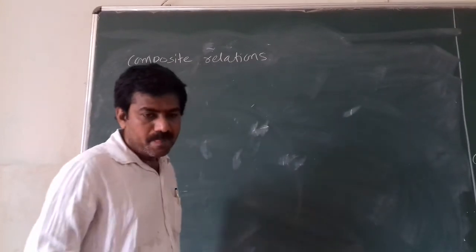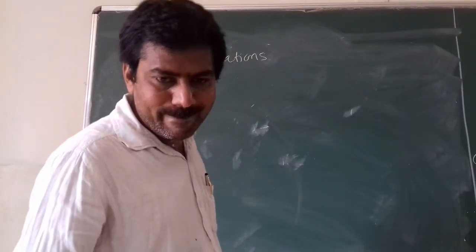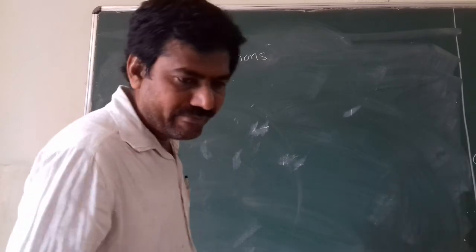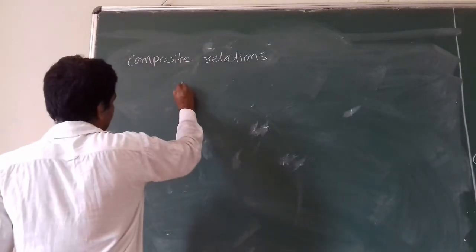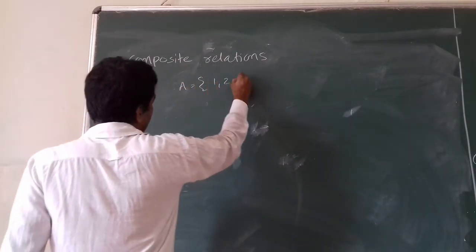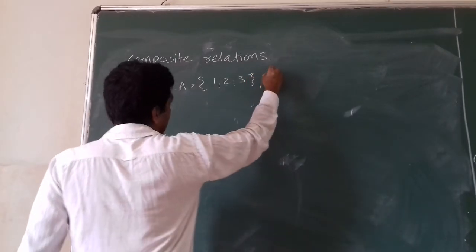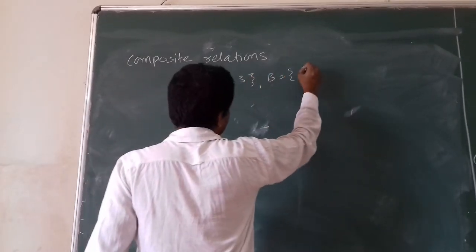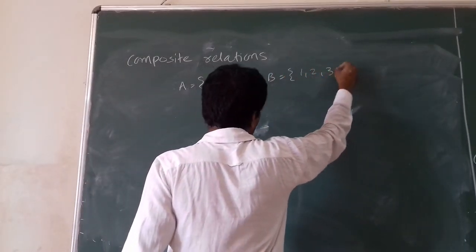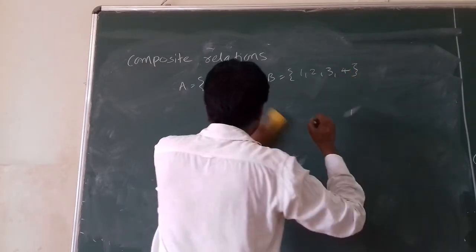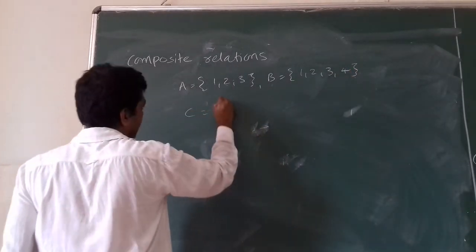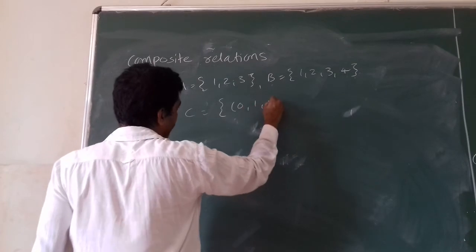Now, a simple example. A is the set {1, 2, 3}. Another set B is {1, 2, 3, 4}. We need one more set C, and let's say it contains the elements 0, 1.